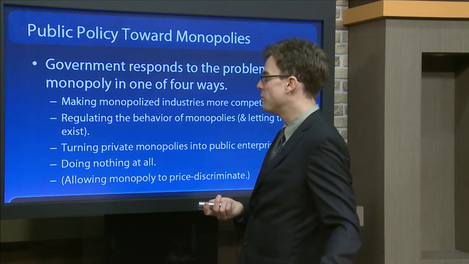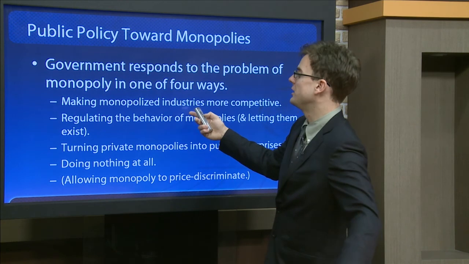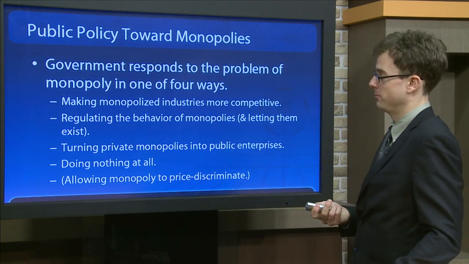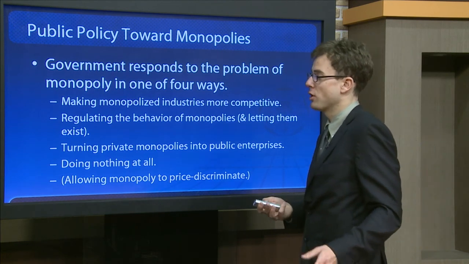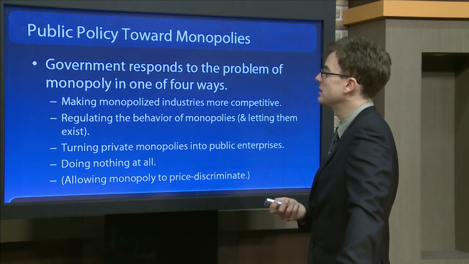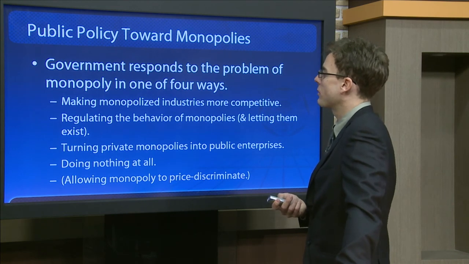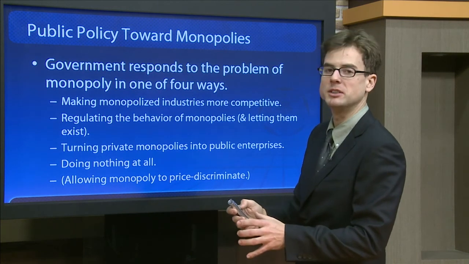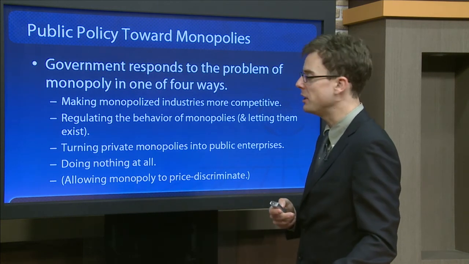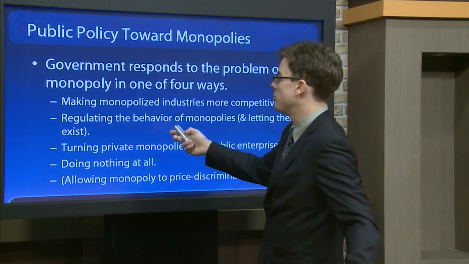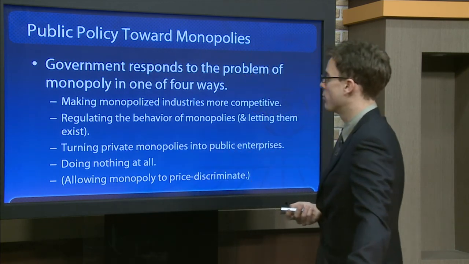There are several possibilities that the government has. One is to make monopolies more competitive. The government could encourage entry into the marketplace. The government sometimes splits large monopolists into several smaller companies that would compete with each other. Another possibility is to regulate the behavior of monopolies.